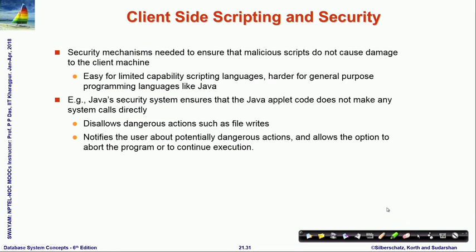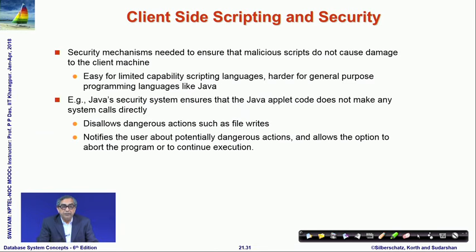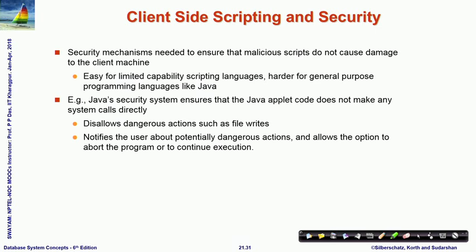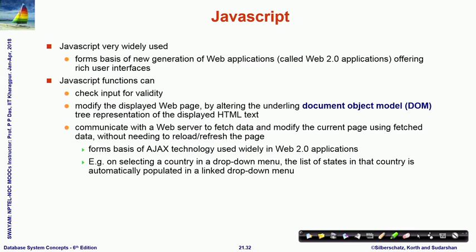So, client side scripting has a lot of value, but you will also have to remember that there are security issues, because it is quite possible that if we are doing things on the client side, that is on the browser, then we might inadvertently or by malicious intent make damages to the machine on which the browser is running. So, there are different kinds of care to be taken. For example, Java applet, which is another way of doing client side computation, disallows file writes and so on.